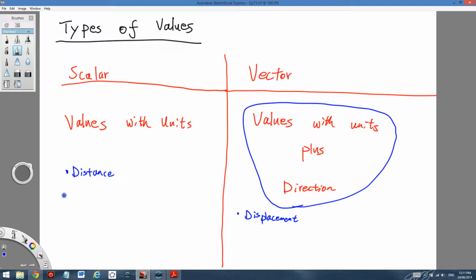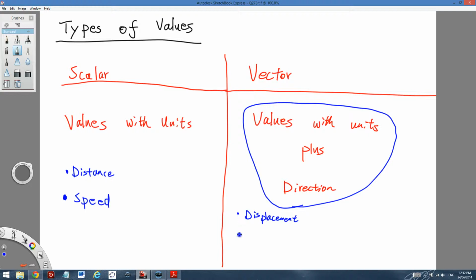The other scalar quantity you should know would be speed. Say when I'm driving my car, it would be about 40 kilometers per hour, or 60 kilometers per hour. The speed limit is 80 kilometers per hour on Springvale Road.